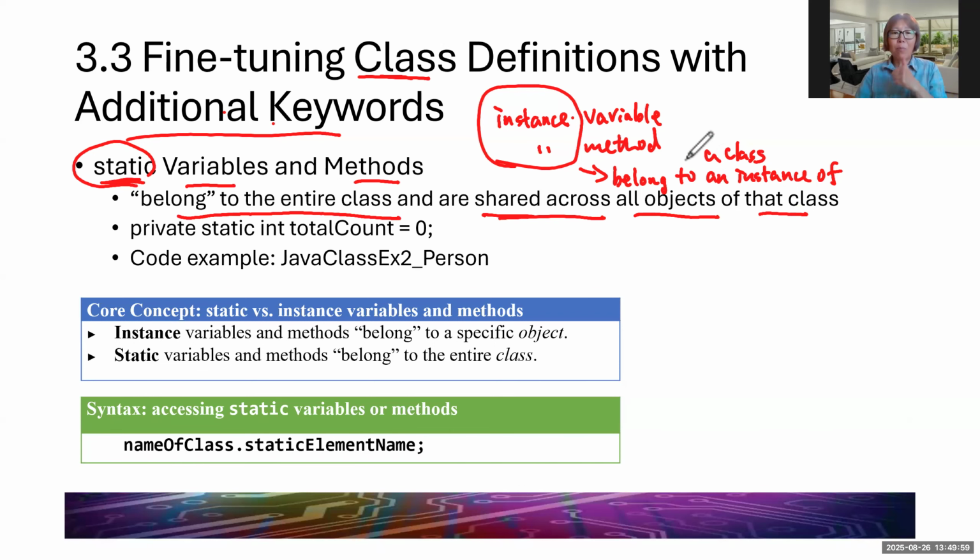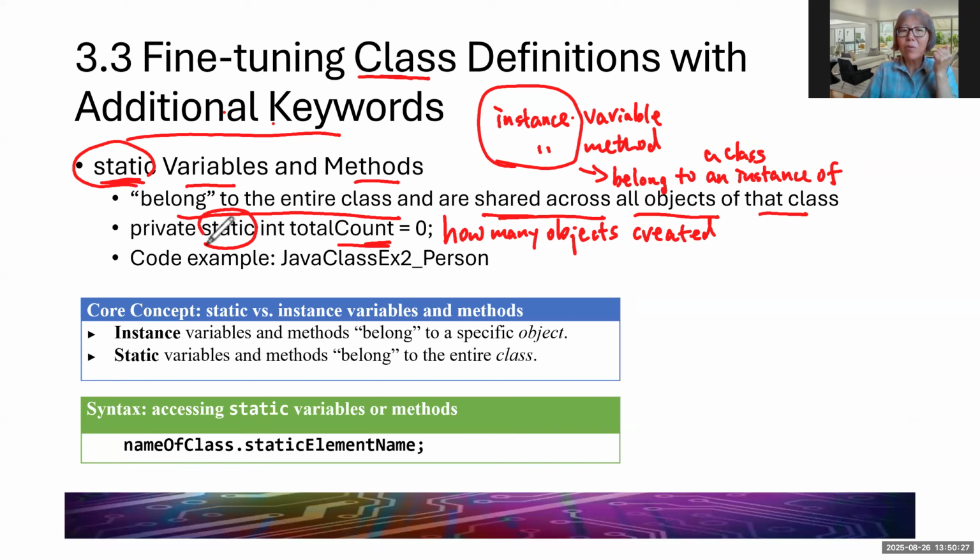Because of this feature of the static variable, a common use for it is to do some counting, like keeping track of how many objects are created.